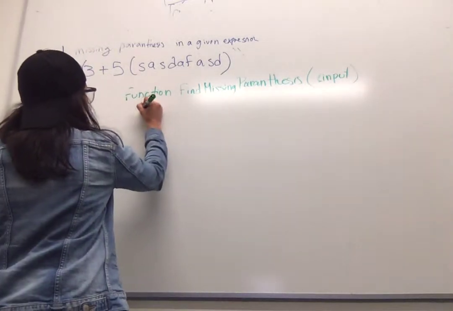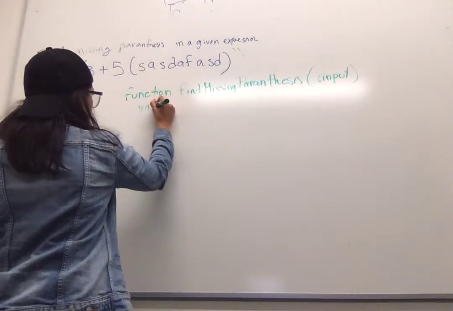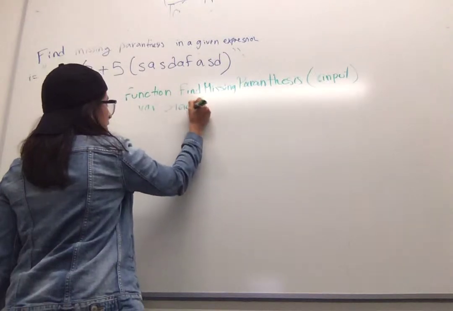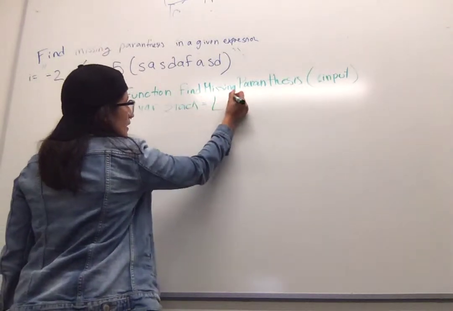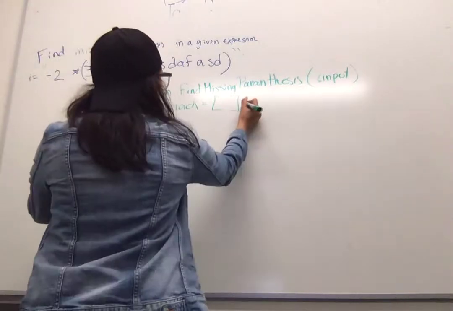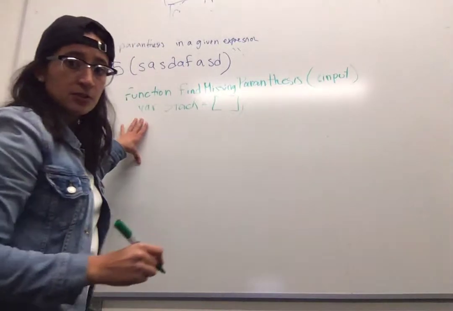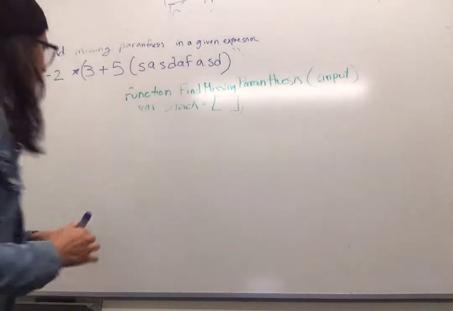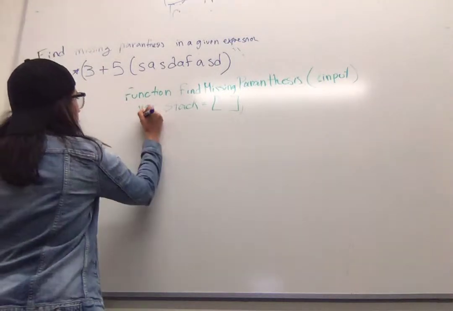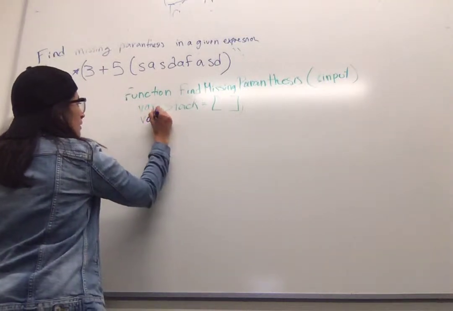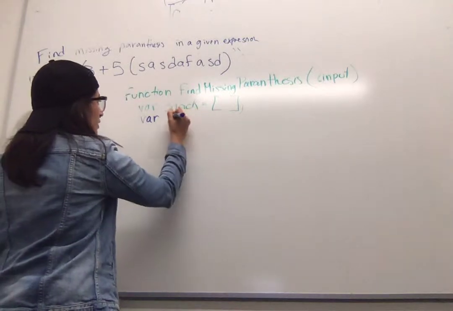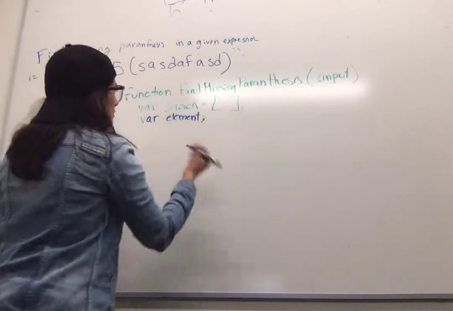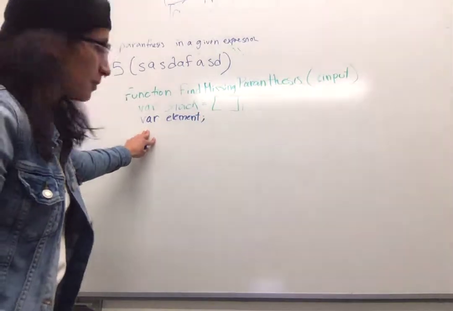We know that we're going to use our stack, so we're going to create an empty array. Let me use a different color because I don't think you can see it. Now we're also going to keep track of our element, and right now it's going to be empty. There's nothing going to be in it.